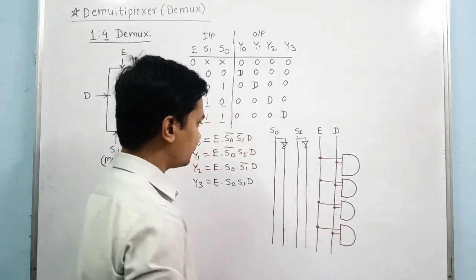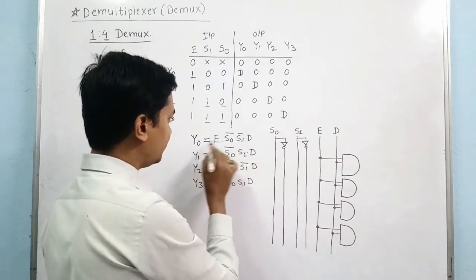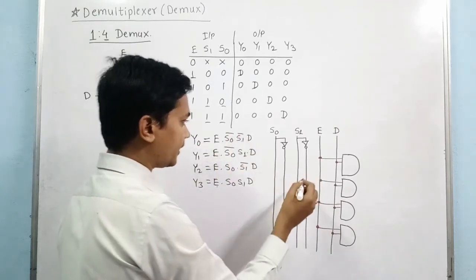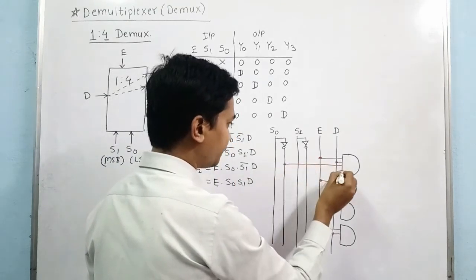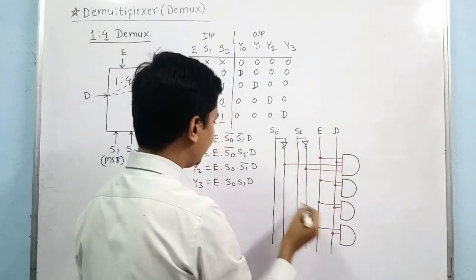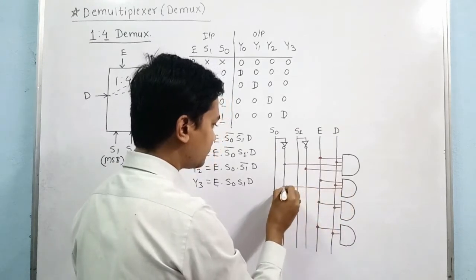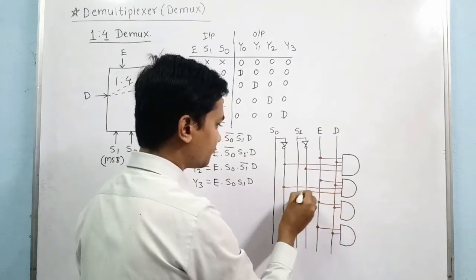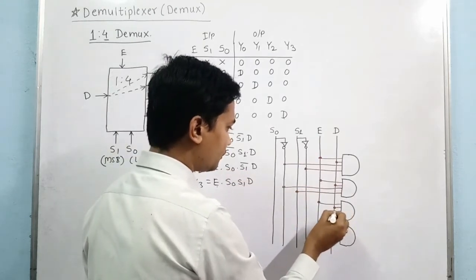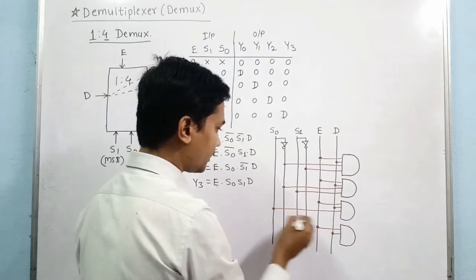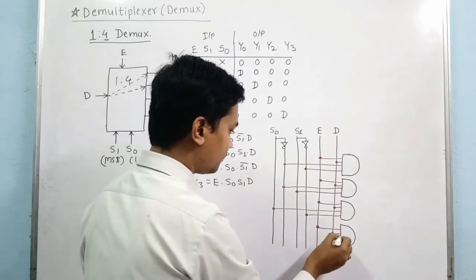Now S0 and S1 should be connected. So for the Y0 line, S0 bar and S1 bar should be connected. Then S0 bar and S1, then S0 and S1 bar, then S0 into S1.